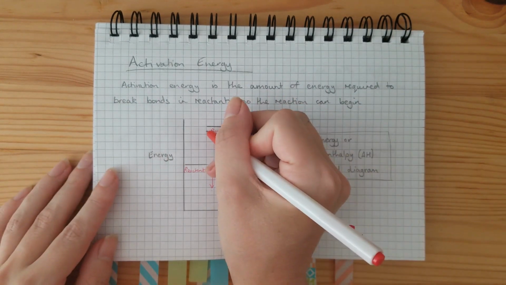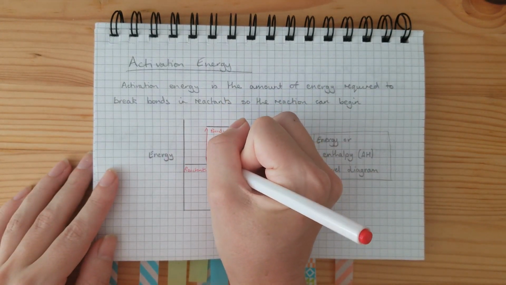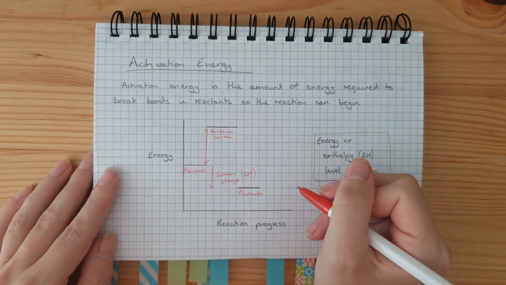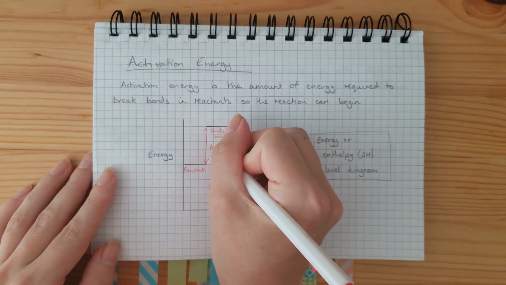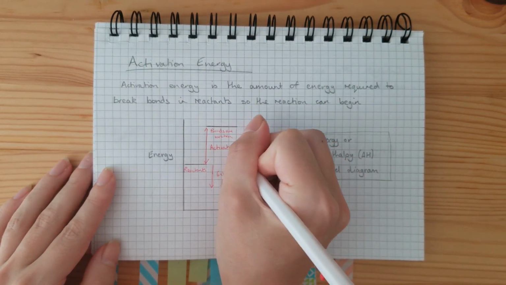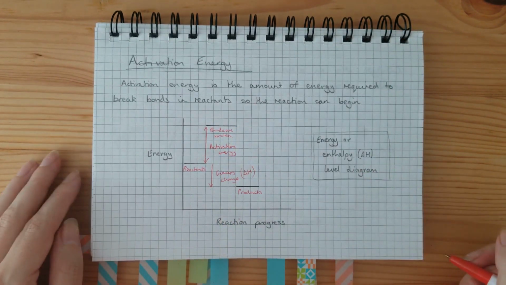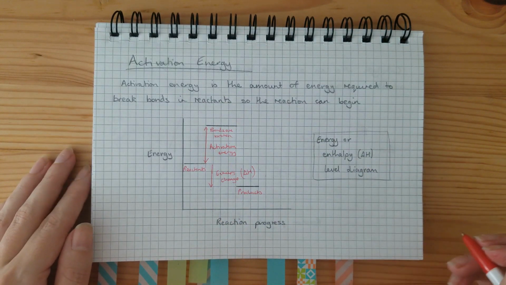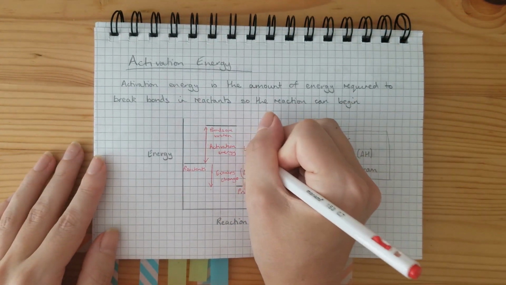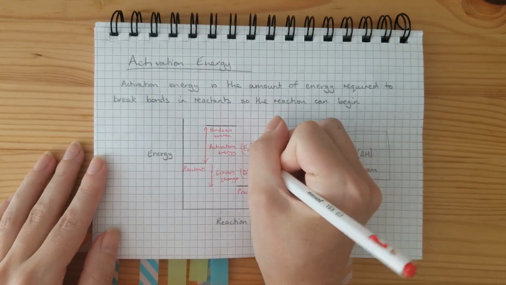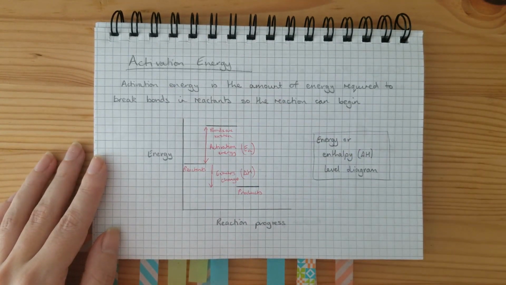So the difference between our reactants and our broken bonds is our activation energy. Okay, this is the energy that has to be put in to make the reaction happen. And quite often we represent this as a big E and a little a, energy of activation.